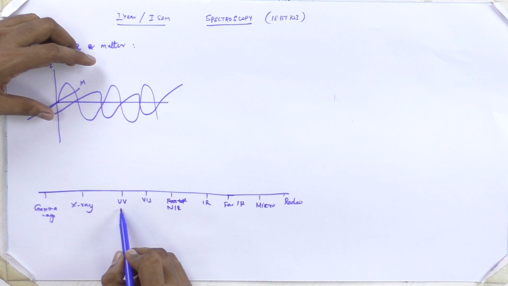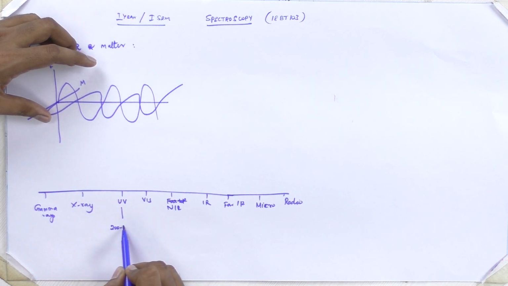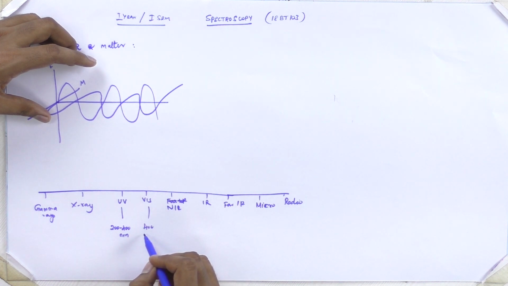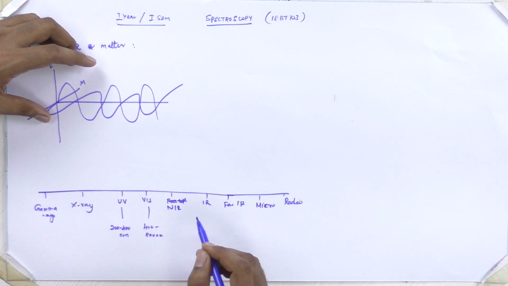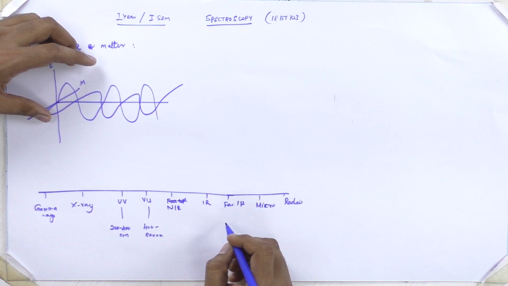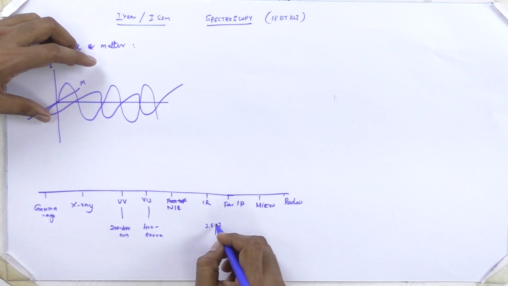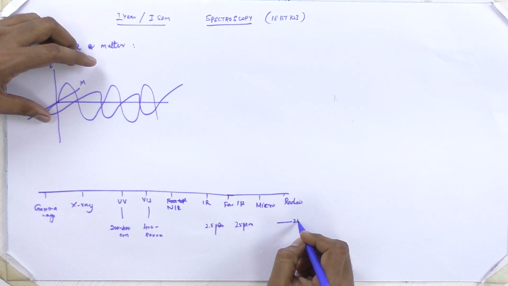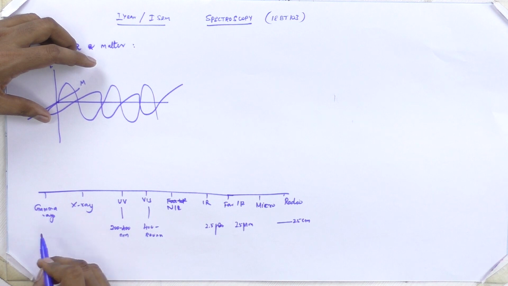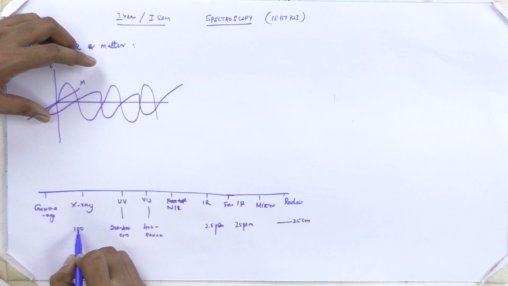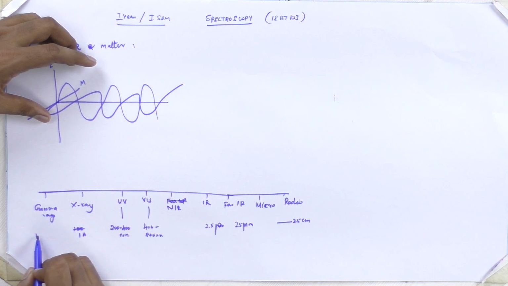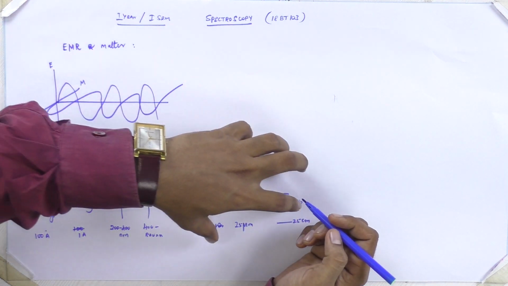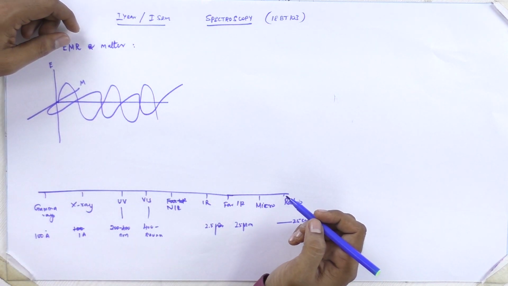The wavelength of UV light is 200 to 400 nanometer. For visible it is 400 to 800 nanometer. IR is 2.5 micrometer up to 25 micrometer, and radio waves go up to 25 centimeter. For X-rays it is 1 Angstrom and gamma rays 100 Angstrom. These are the entire regions of electromagnetic radiation.